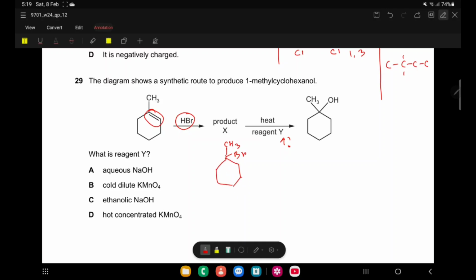Then heat and reagent Y will form OH. Reagent Y. So no, this is not. Ethanolic, the carbon-carbon double bond will form, hot concentrated, the total carbon-carbon double bond is going to break down. This is a no. So the correct answer is A.